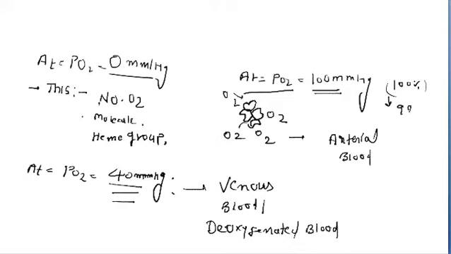Remember, 98% saturation can take place. So all the binding sites are occupied at the 100% saturation, and at a pressure of oxygen of 40 mmHg, there will be 75% saturation.